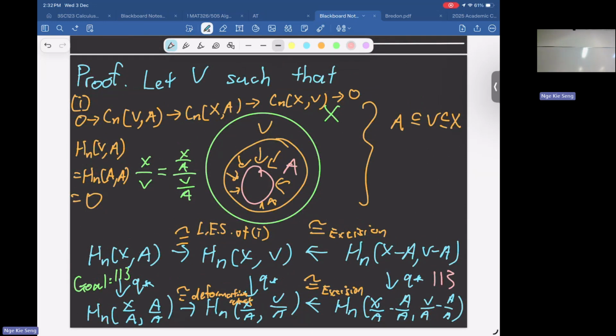So in this case, although the arrow here is going against the other ones, because it's an isomorphism, you can build the arrow going to the other side.